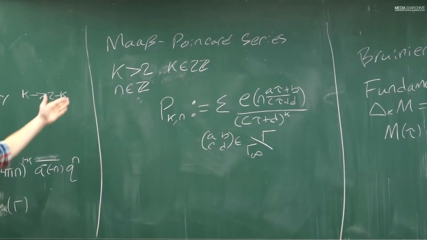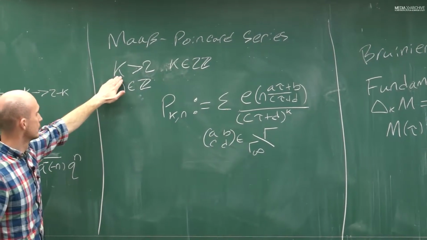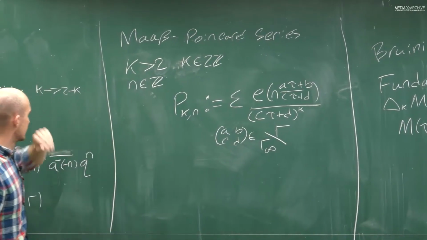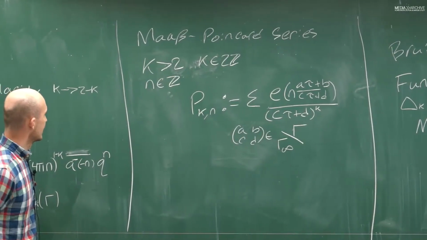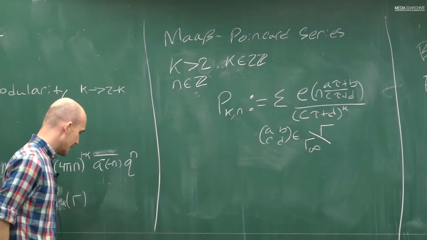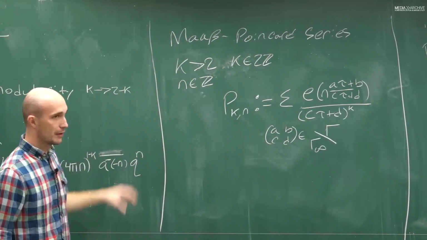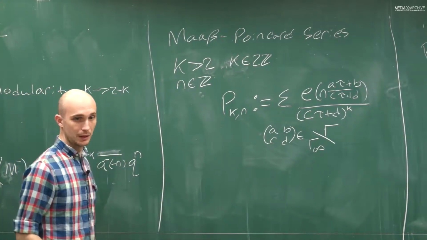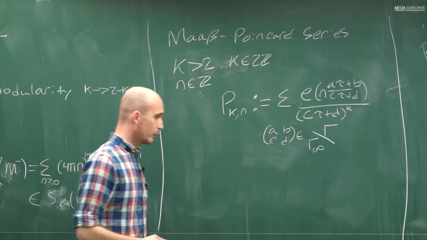This doesn't work for k less than 2, certainly not for k negative. And so we want to modify this construction a little bit to get something that will work in the negative weight case.